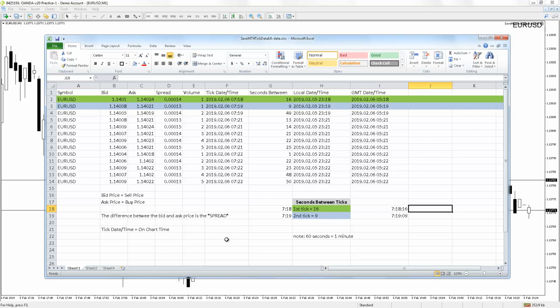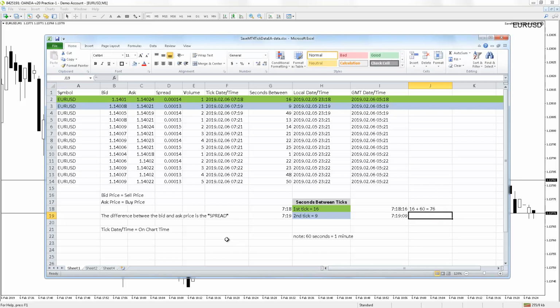Well, since we changed minutes, we went from 18 to 19, we're going to take 16 plus 60, which is a minute, equals 76.